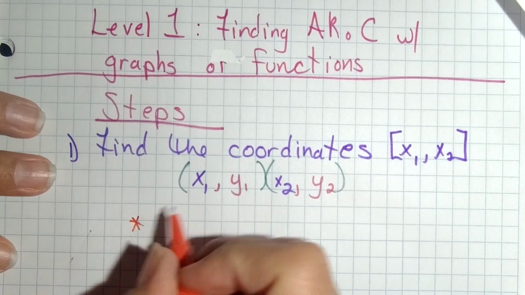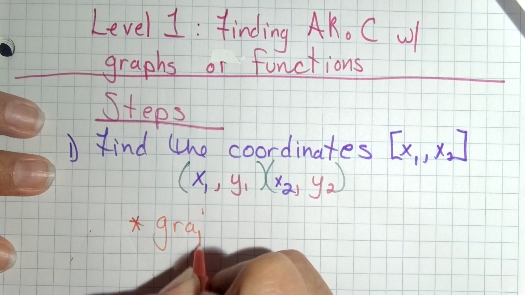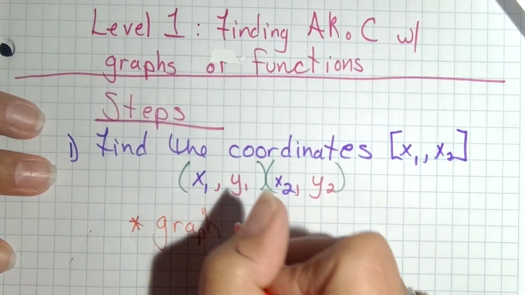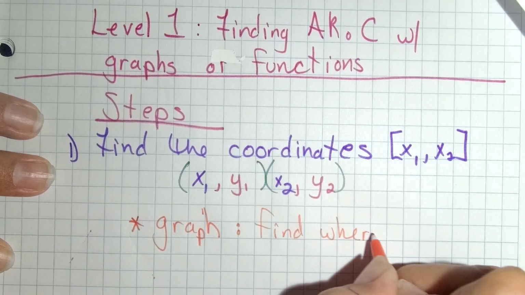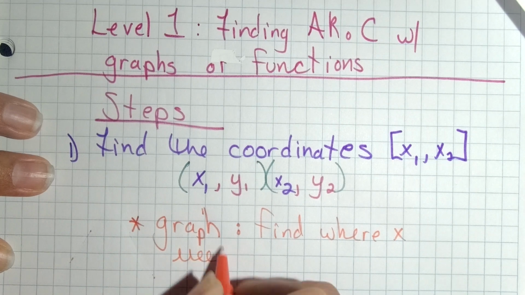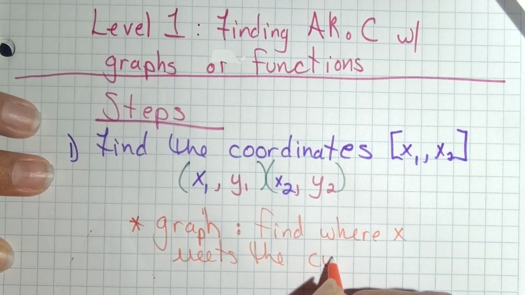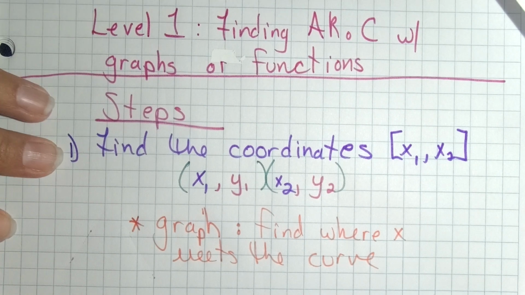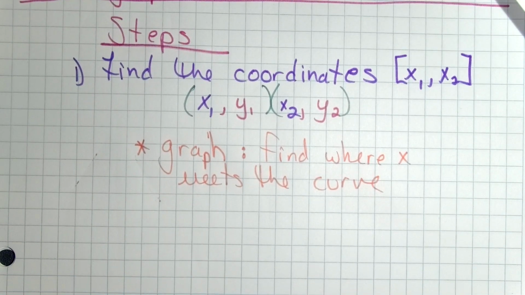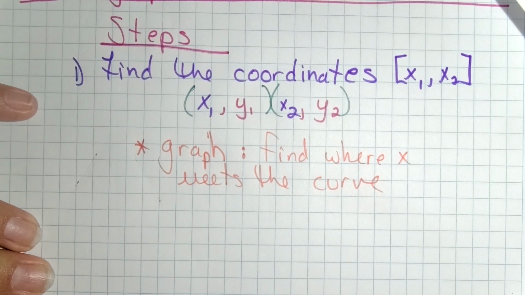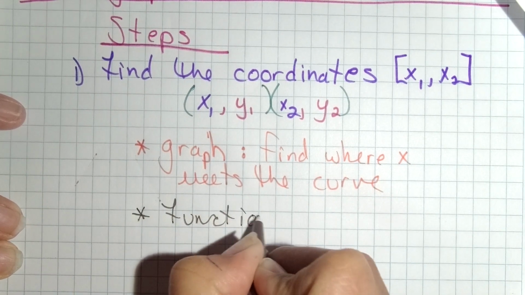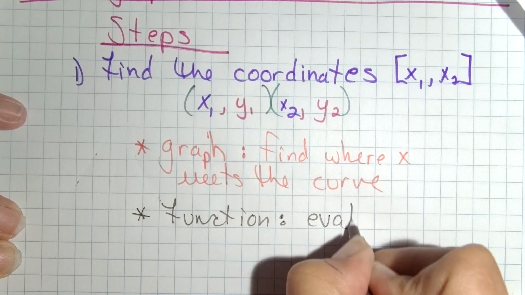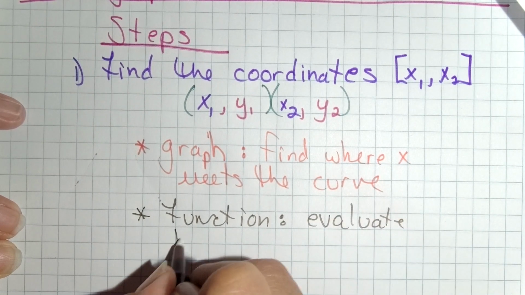If you have a graph, all you're going to do is find where the x meets the curve. Easy. All you're going to do, you'll see in a second, is trace to where that point is. If you have a function, you need to evaluate by substituting.